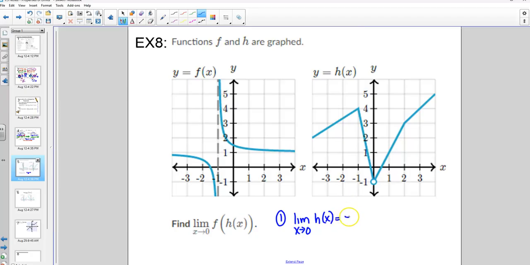Negative 1. Okay? Because both from the left side and the right side, I go to that negative 1. It's not defined at that point, but that's okay because you don't have to have a defined point at a limit. So then my second step would be I'm going to be doing the limit as x approaches negative 1 of f of x.